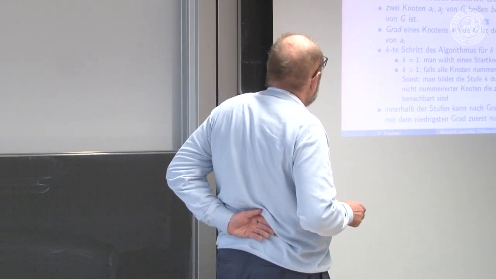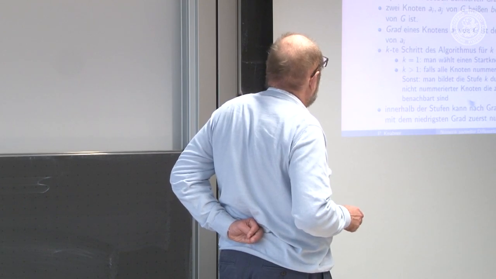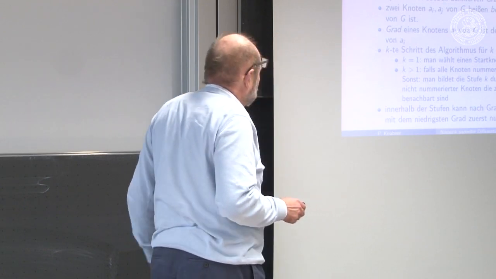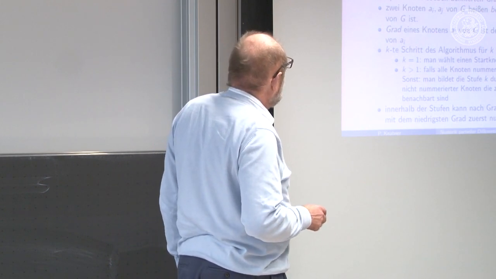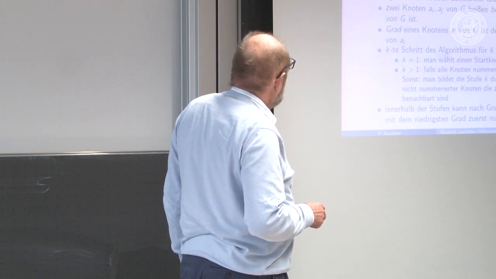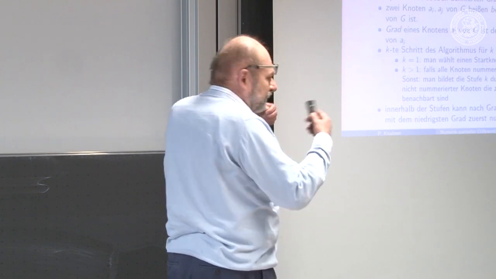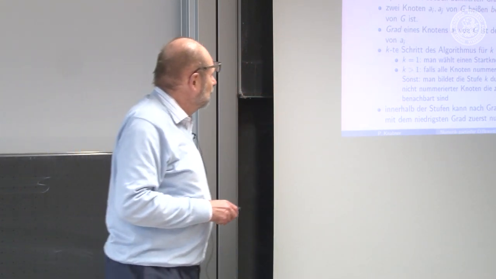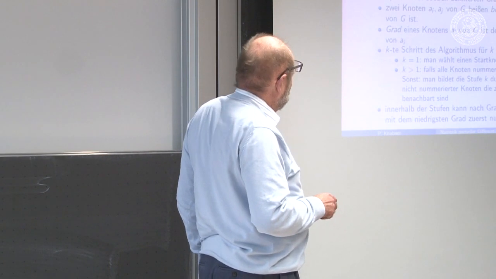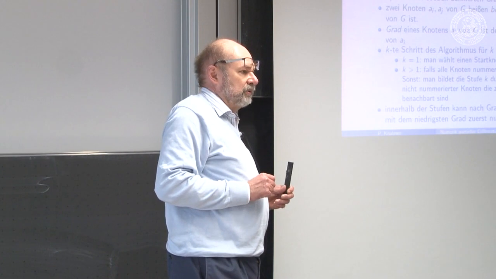Okay, so the algorithm is the following. It's an iterative algorithm, with in the end a finite number of steps, working through this graph, in the sense that we first select one node to be the starting node. This node gets the number 1. This is level 1 of the whole procedure. Level k of the procedure, after we have performed the levels up to k minus 1, is the following. If we have numbered already all nodes, of course we stop.